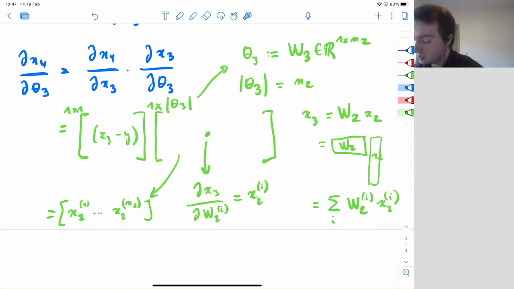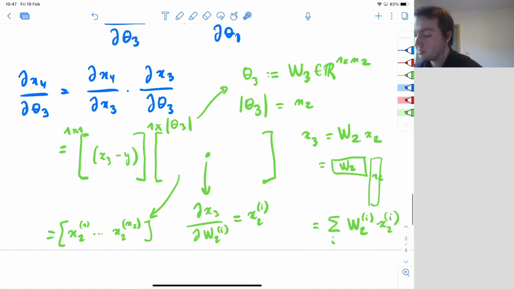And so we can compute this. With this term, we can compute this because we also do know x3. We know the values of y. And so now we have everything we need to actually compute this quantity. And that would give us the expression of the Jacobian with respect to theta 3. Or not really the expression, the value of the Jacobian at this point.